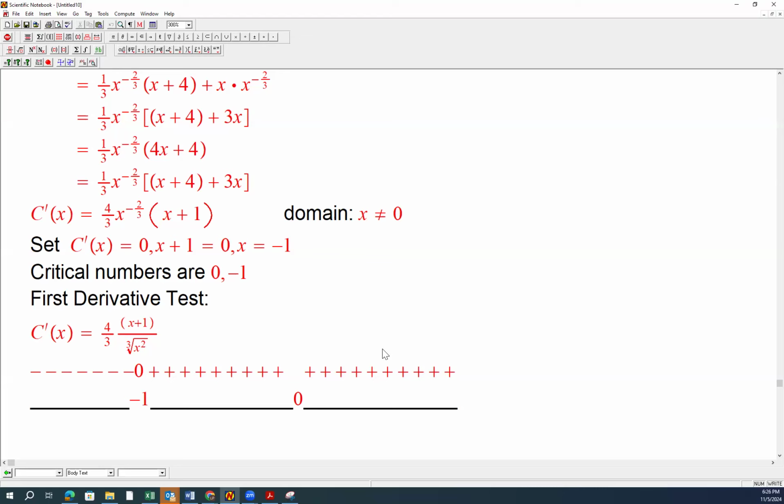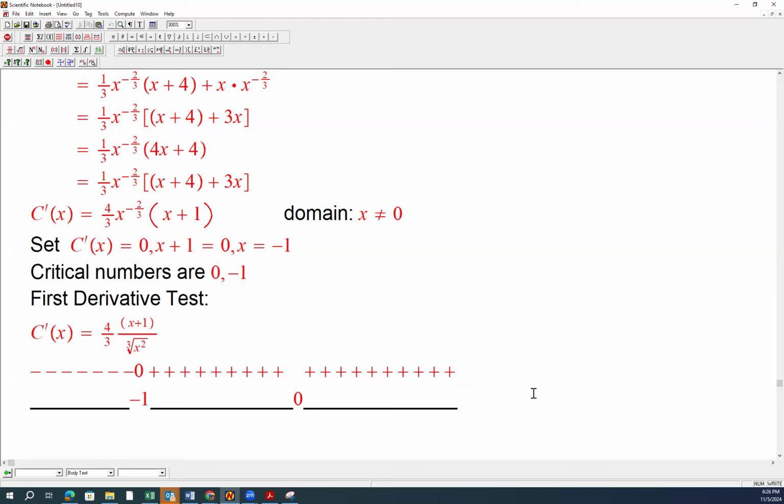First derivative test. What do we see here? Around -1, we have decreasing, then increasing, so we got the local minimum. But at 0, to the left and to the right, the derivatives are positive without change.